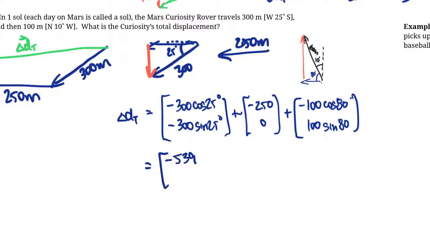We'd do that to 0 decimals because that's what the question's given, but because we're not at the final answer yet, let's take 2 extra decimals: negative 539.26. And the y component is negative 300 sine 25 plus 0, I don't need to include that, plus 100 sine 80, which is negative 28.30.